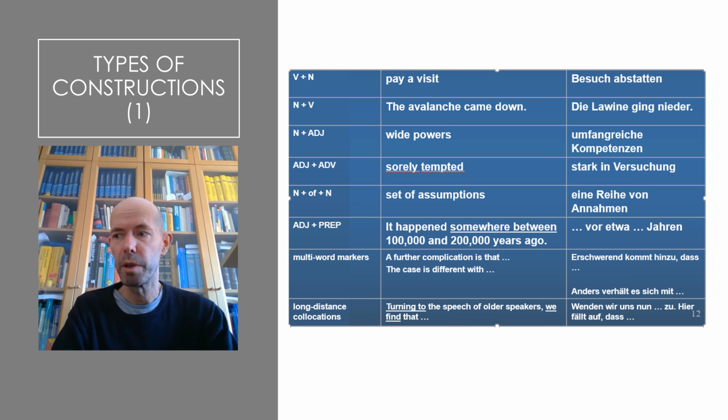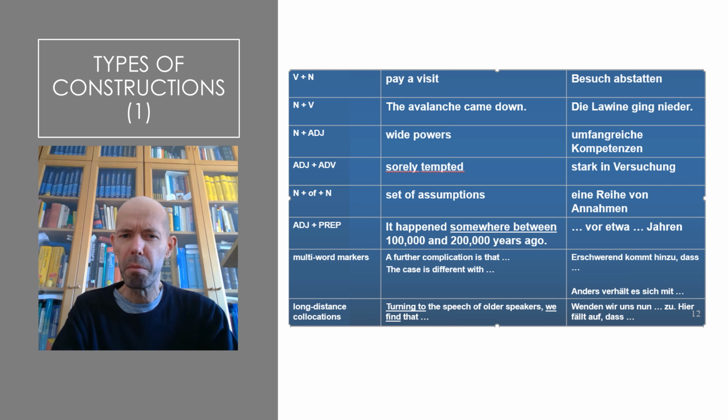For instance, well, to make matters worse, it started to rain, but I left my umbrella at home, or something like that. That's a typical context for to make matters worse. So dictionaries won't give you the academic phrases that need to be used to encode particular rhetorical relations.